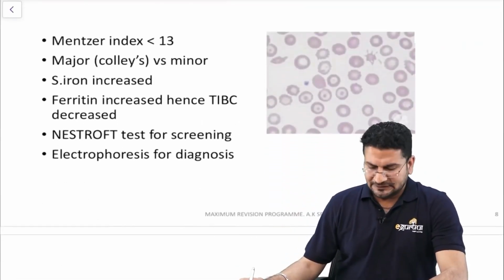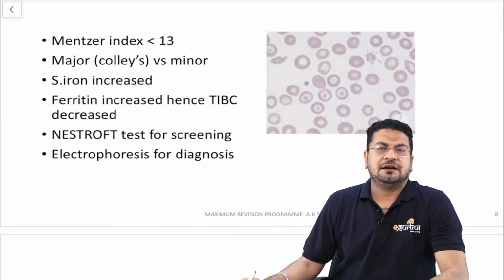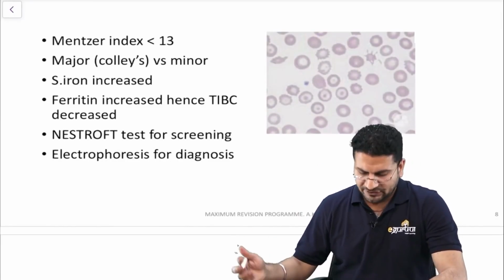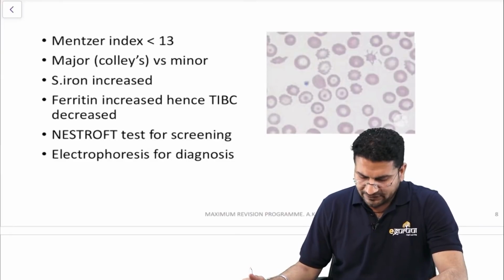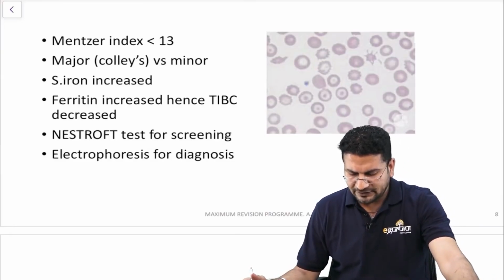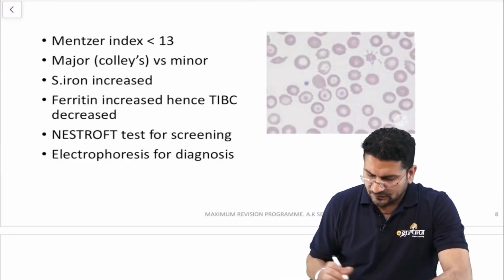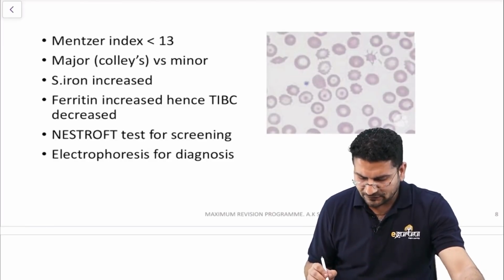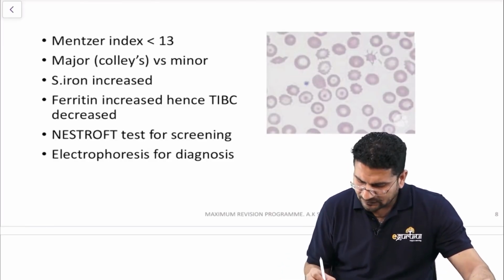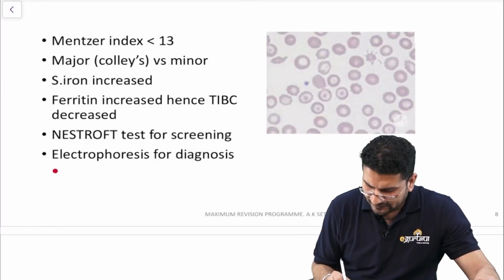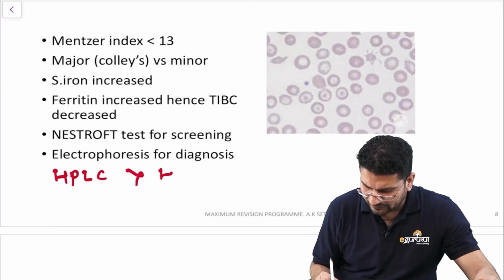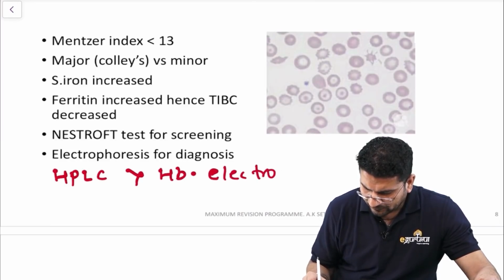Mentzer index less than 13. There can be minor, intermediate, major. Serum iron will increase, ferritin will increase, TIBC will decrease. For screening we have a test called the NESTROFT test. For confirmation, we can do HPLC, high performance liquid chromatography, which is slightly better than hemoglobin electrophoresis.